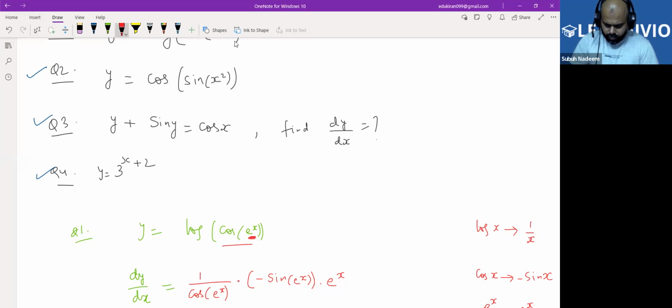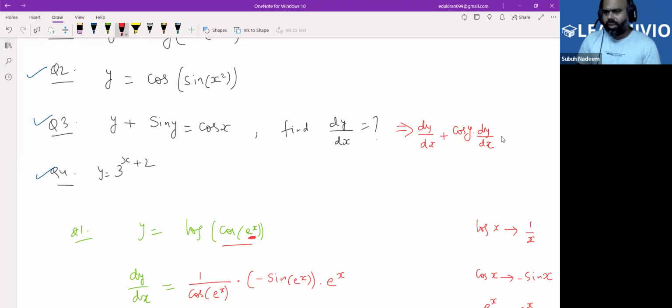Sir, I got the answer. Okay. What you are getting? Minus sin x by 1 plus cos y. Yeah. So here again, if we differentiate, we get dy by dx plus sin y will be cos y into dy by dx, because we are differentiating with respect to x and this is y.